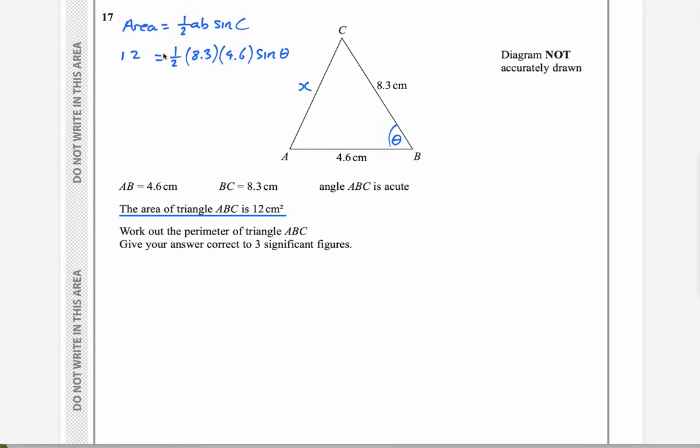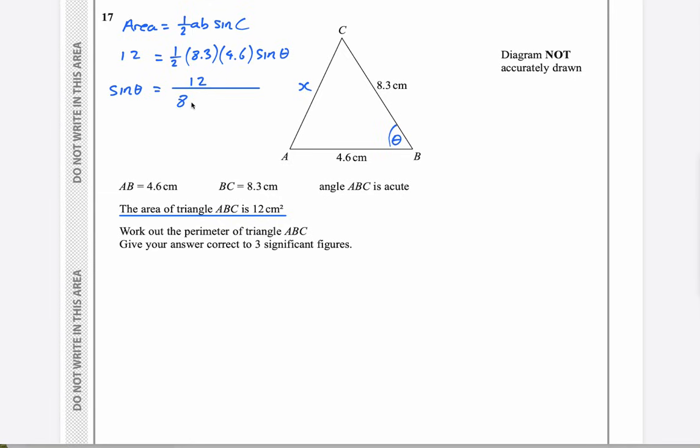Okay, whatever way you want to go about this, guys, I'm going to rearrange it. I'm going to say sine theta is equal to 12 divided by this. If you're okay, I'm going to do a half times 4.6, which is 2.3.